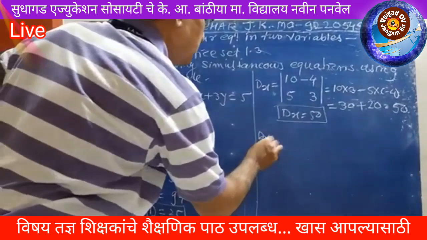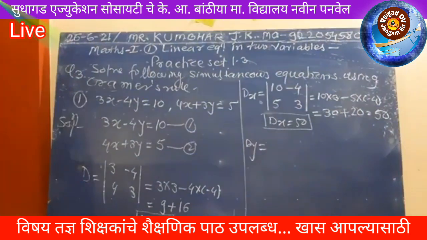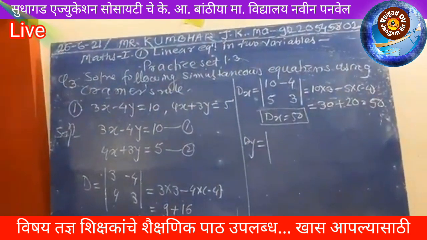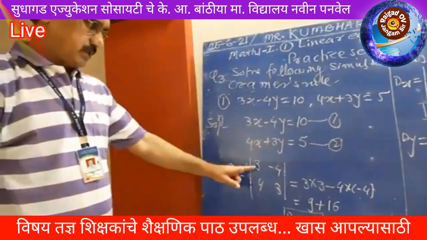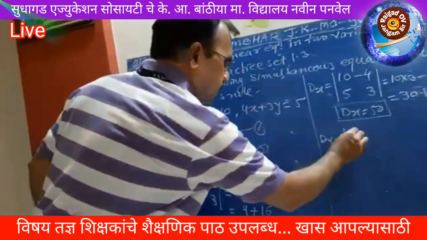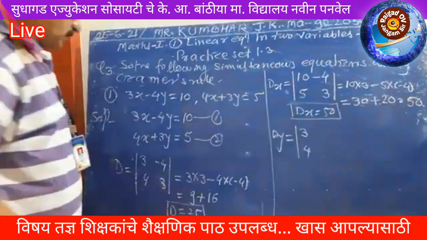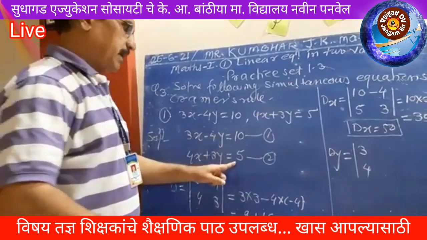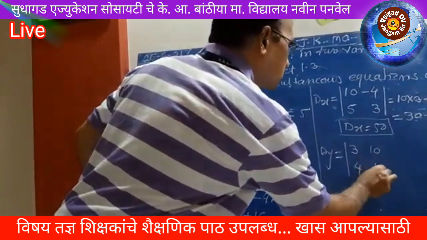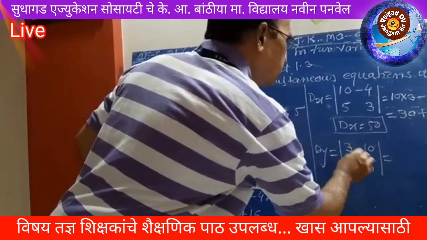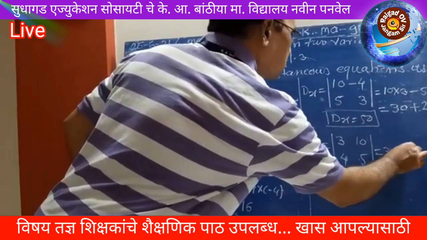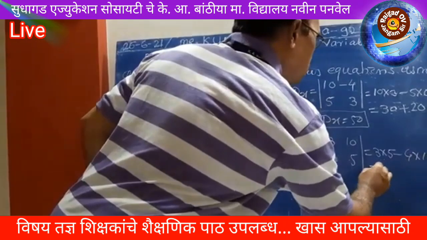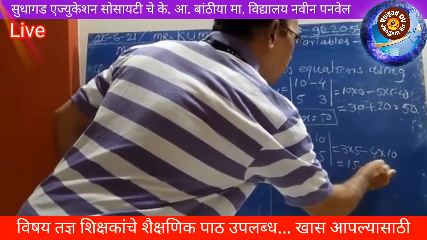Then for Dy, how can we find Dy? Yes, first a1, a2 as they are, that is 3, 4, and in place of b1, b2 their reserve players are there, 10, 5. That is 3 into 5 minus 4 into 10, which is 15 minus 40.